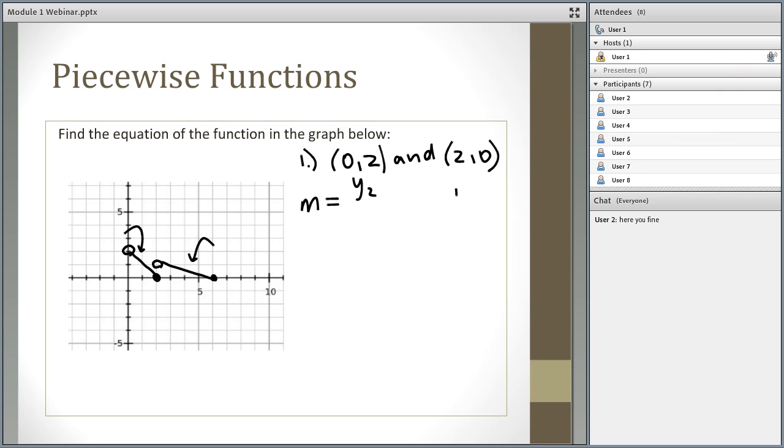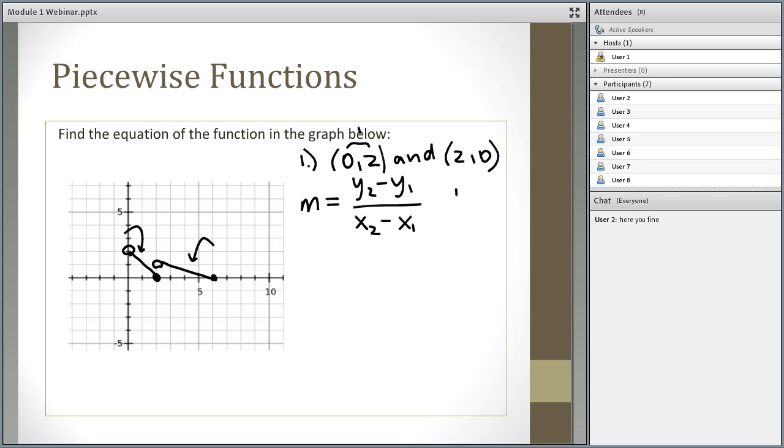So you might see it as y2 minus y1 over x2 minus x1, where x1, y1 is a point and x2, y2 is another point. It doesn't matter which point you decide is point 1 and point 2, as long as everything lines up, meaning if you start with y2 in the numerator, you need to start with x2 in the denominator.